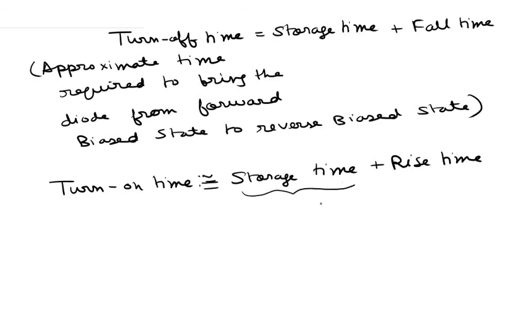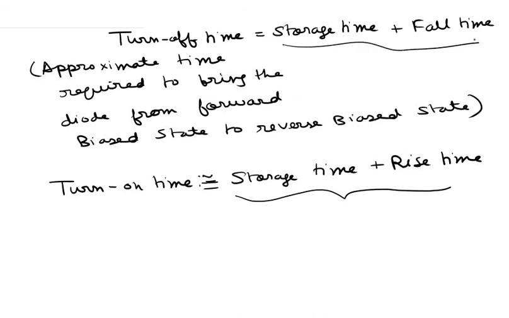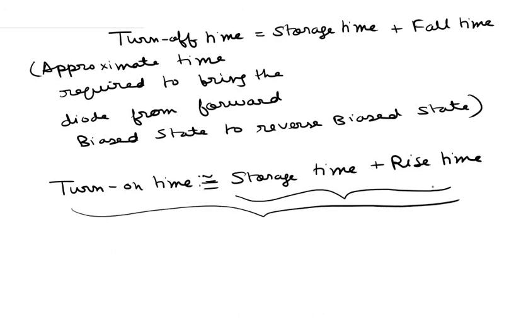It is the time required to build up minority carrier concentration to the equilibrium value from zero value, and rise time is the time required to build up the excess accumulation of minority carrier concentration just outside the depletion region. So I am not going to explain this. This is the same as before, or the same as this equation over here, so please learn this yourself from the book.